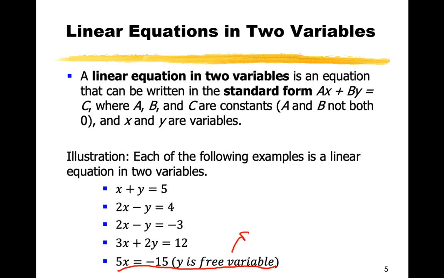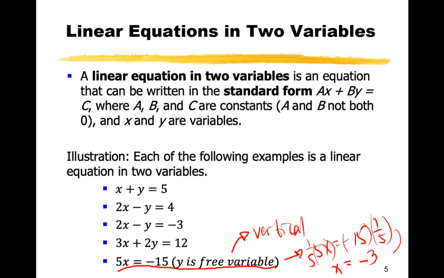Ang equation nito ay vertical line. Okay. So, if we try to simplify this one, di ba 5x equals negative 15, then x becomes negative 3. Because if we try to multiply 1/5 on both sides of the equation, ito yung lalabas. Okay, x equals negative 3.